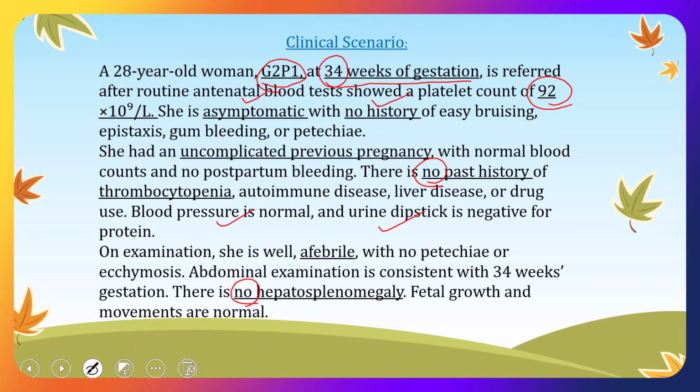So in this scenario, you can see that the condition was just an incidental finding when the patient came for a routine antenatal blood test. The patient was asymptomatic, her history before and even during pregnancy was absolutely fine, and the pregnancy remained uneventful.